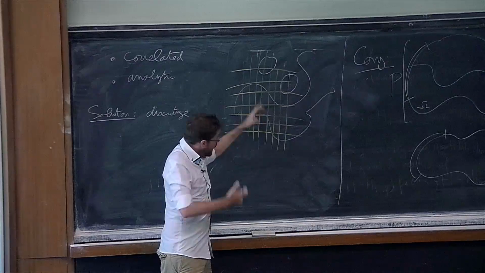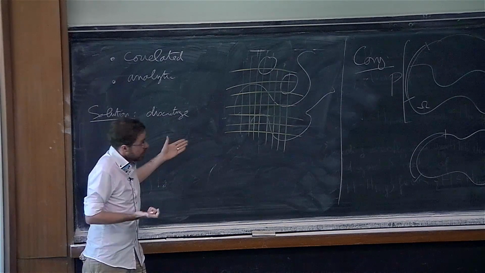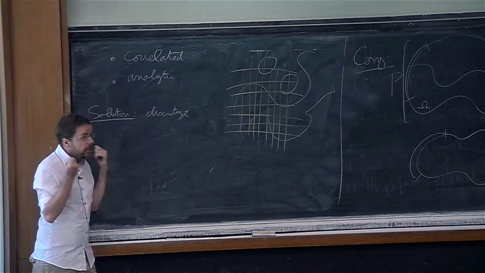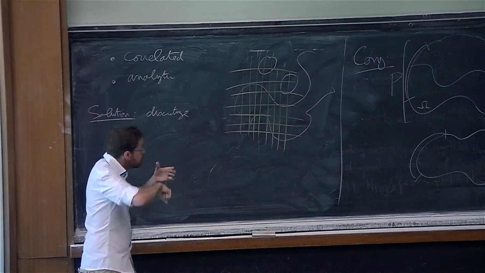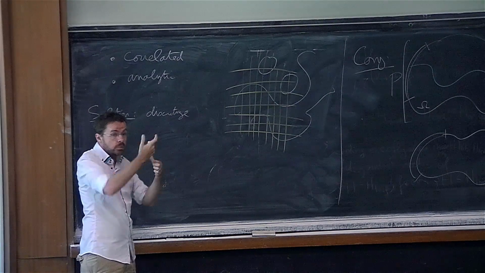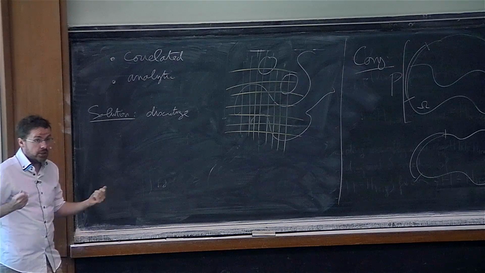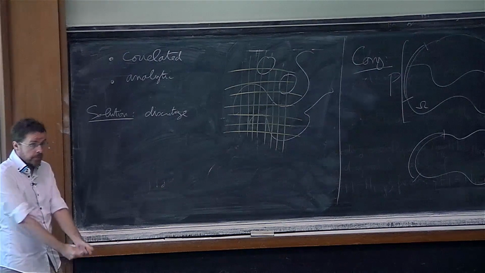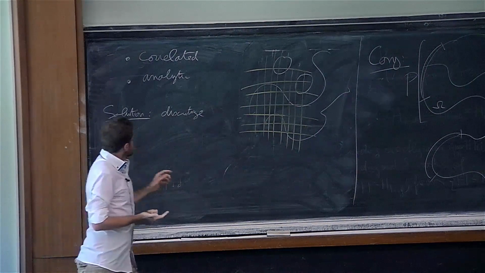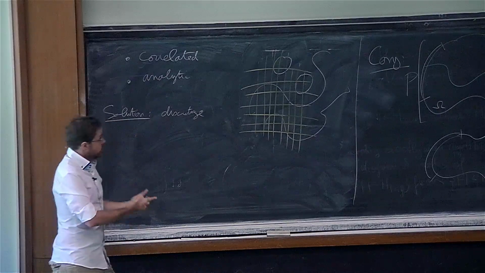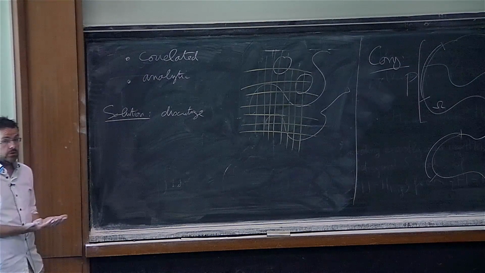If the grid is too wide, then knowing what happens on the grid, which then boils down to percolation, will not be enough to catch the combinatorics of the field itself, because you might miss a loop if it goes between 2 points of the grid. So you want the grid to be fine enough to catch all the combinatorics of the field. But on the other hand, if the grid is too fine, then you will hit the analytic properties of the function, and it will not have decaying correlations.